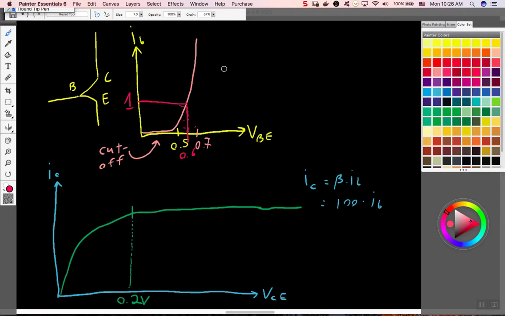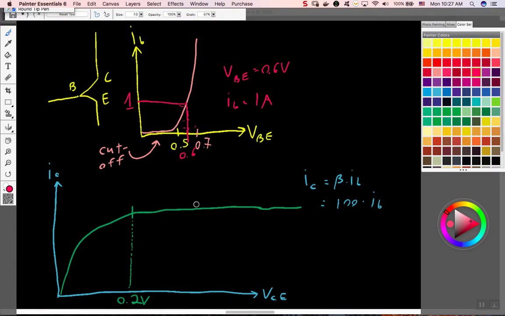So this is imaginary, but just to make it simple, VBE is 0.6 volts and IB is 1 ampere. Of course, this is based on this pink curve. This is the intersection of the pink curve with the y-axis, which is the value IB is taking.